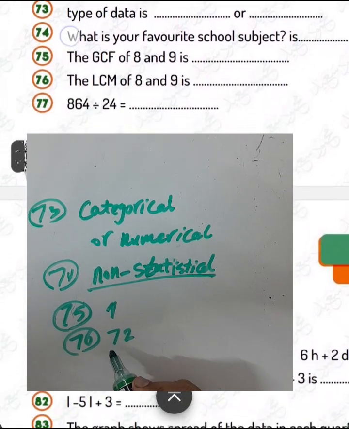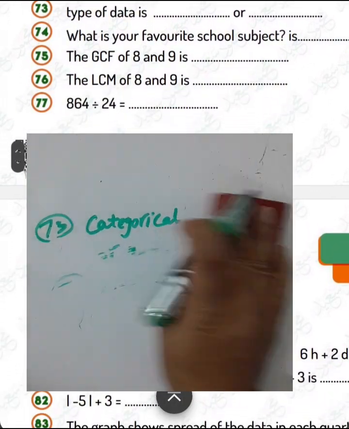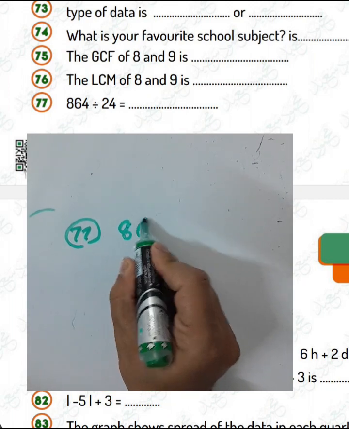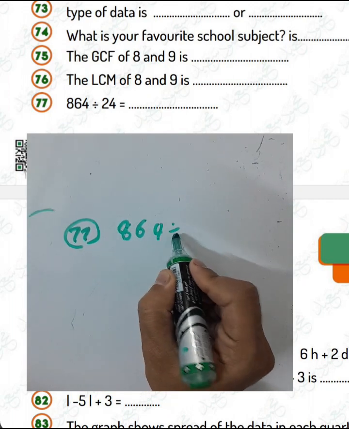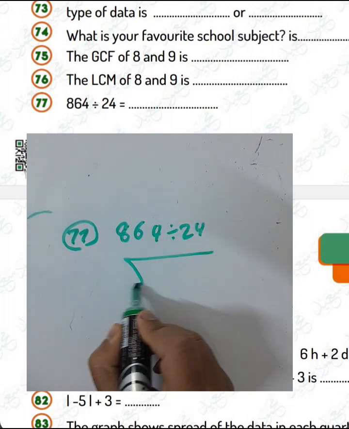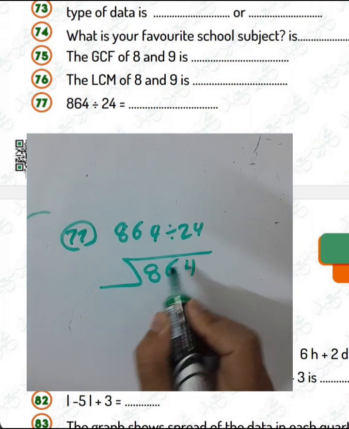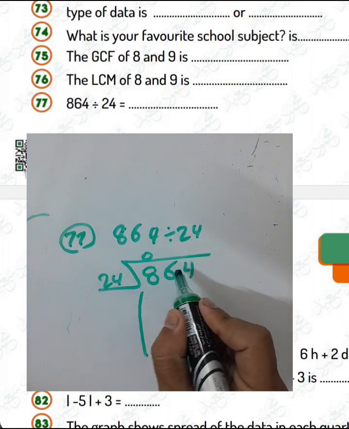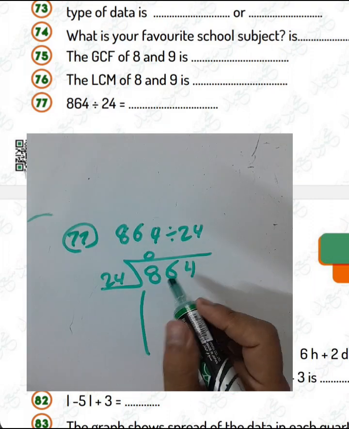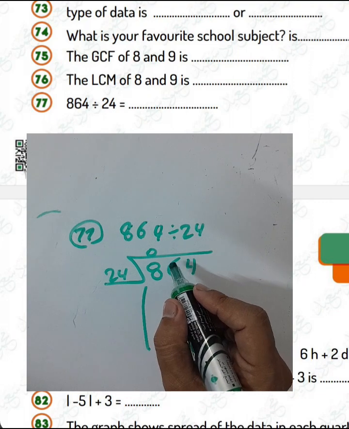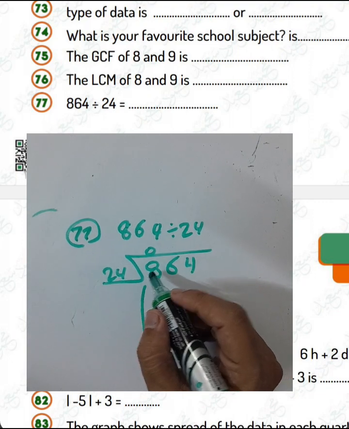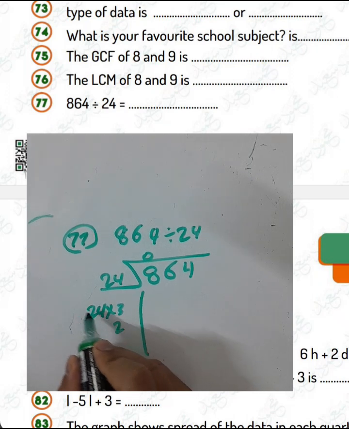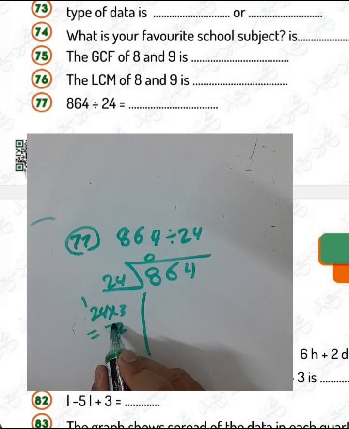Question 77. We have 864 divided by 24. Use long division. 864 is the dividend, and the divisor is 24. 86 divided by 24 equals 3. 3 times 4 is 12, write 2 and carry 1. 3 times 2 is 6 plus 1 is 7.